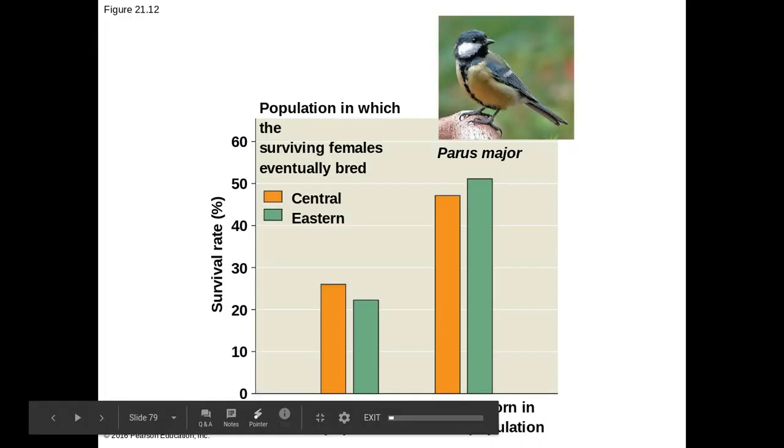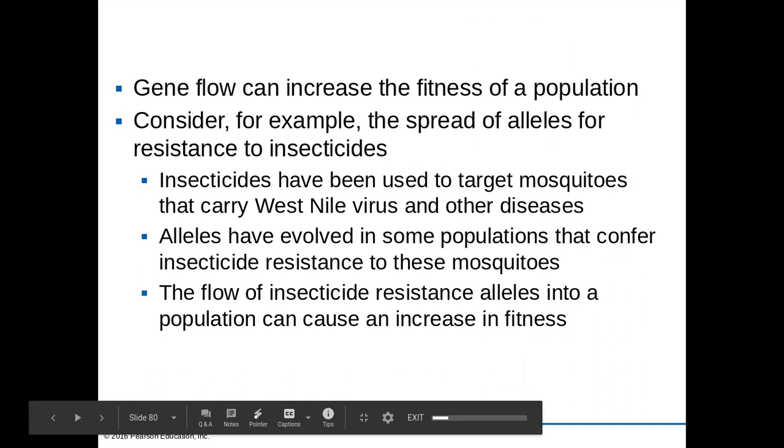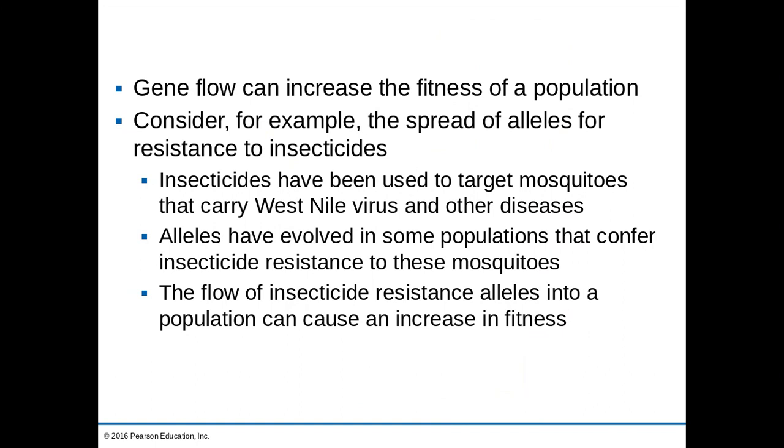Another example of gene flow increasing the fitness of individuals could be seen in the spread of resistance to insecticides. So we began using certain insecticides to target mosquitoes that carry West Nile virus and other bad diseases. But of course, then we tend to see the evolution of alleles in populations which allow them to have resistance to these insecticides.